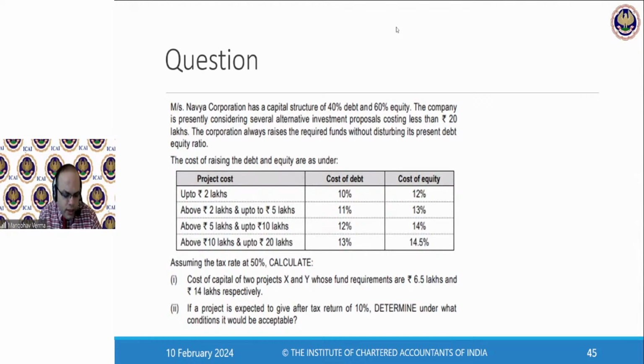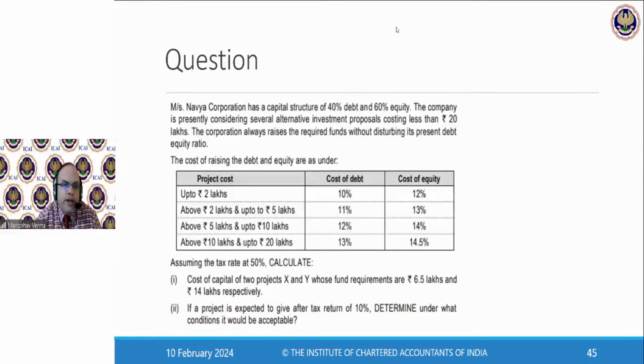The corporation always raises the required funds without disturbing its present debt equity ratio. And they're giving you cost of debt and equity for different project cost ranges or slabs. Assuming the tax rate 50%, calculate the cost of capital of two projects X and Y, whose fund requirements are 6.5 and 14 lakhs respectively.